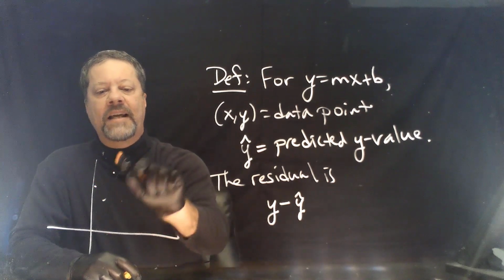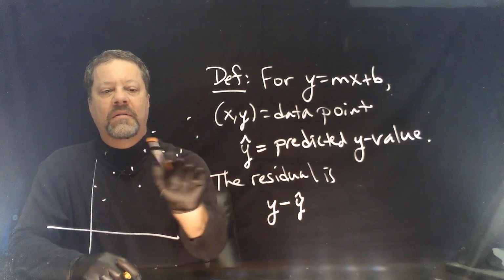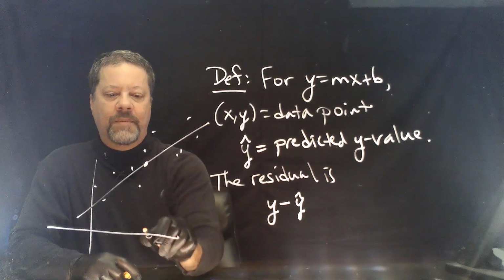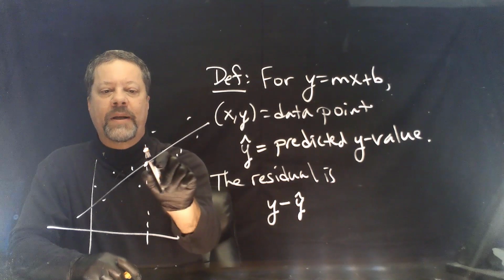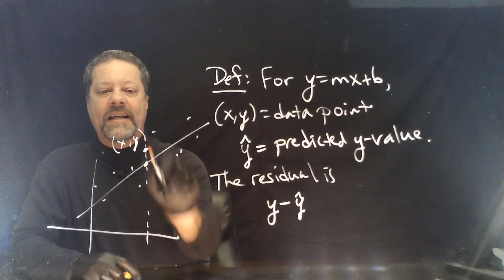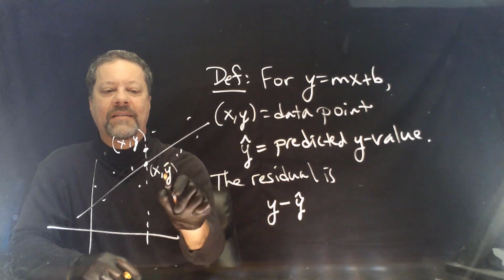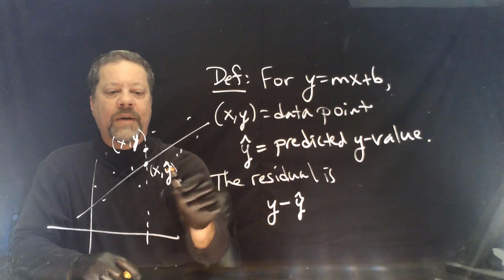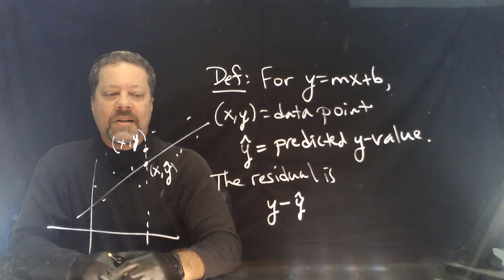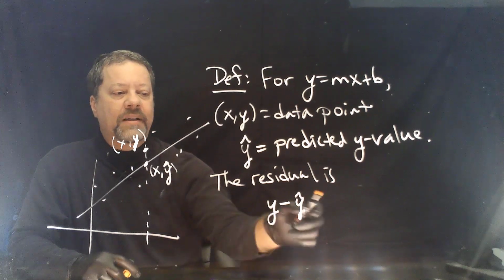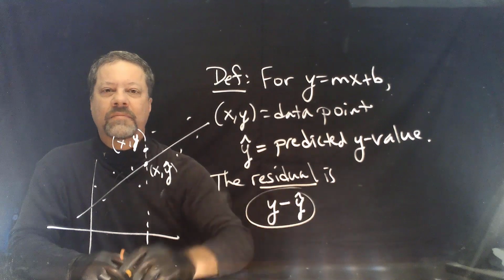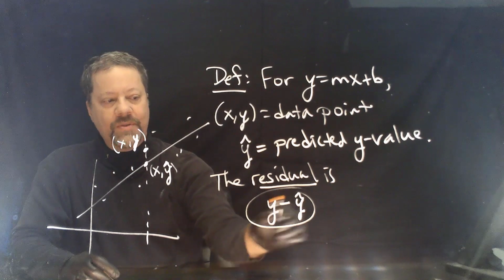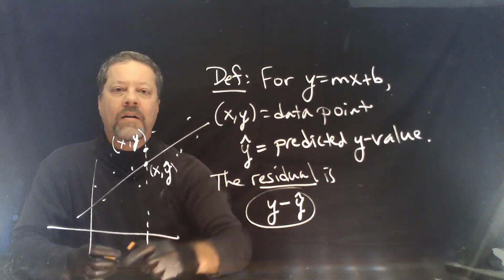So on our data, we'll have a least squares line of best fit at a particular x value going up to this point x, y in the data. We'll have this point x, y hat. It has the same x value, but the data value and the predicted value aren't necessarily equal. Their difference is called the residual. Sometimes plotting a graph of the residuals tells you something more about the data.